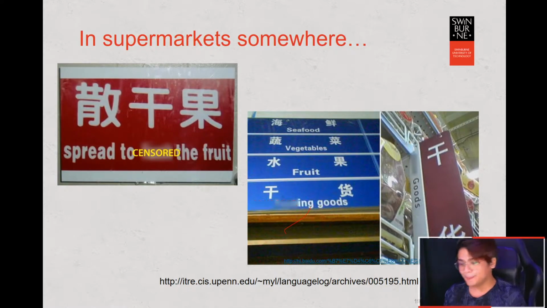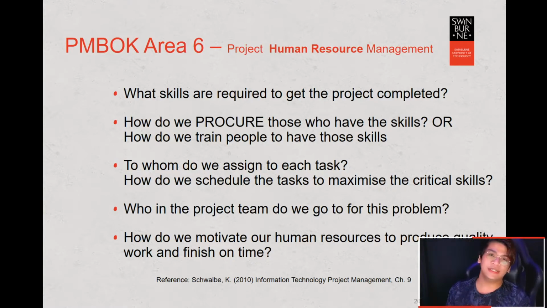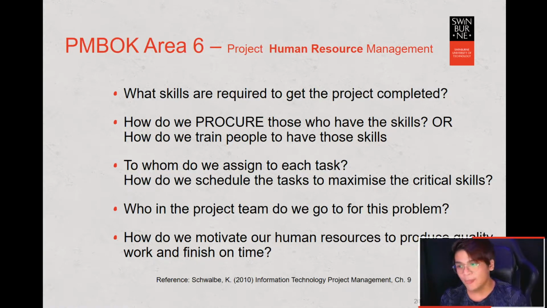Okay, next area is the sixth area of PMBOK, which is project human resource management. Understanding human psychology is an important ability when recruiting people in your businesses or project team. For example, what skills do you need to get the project completed?